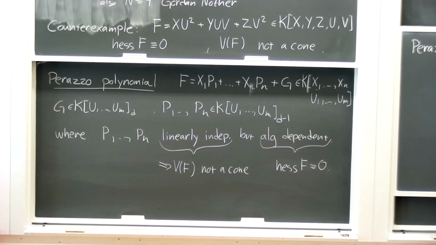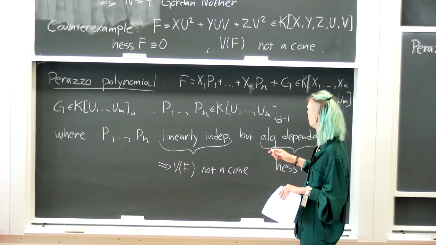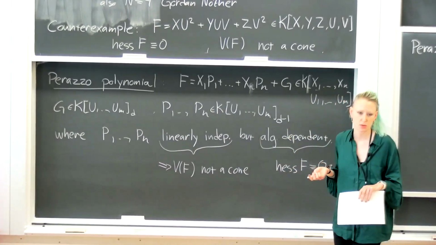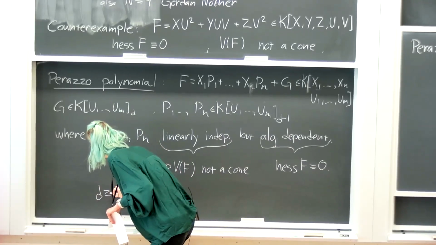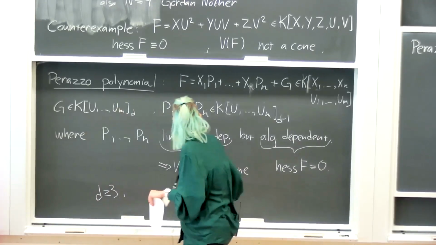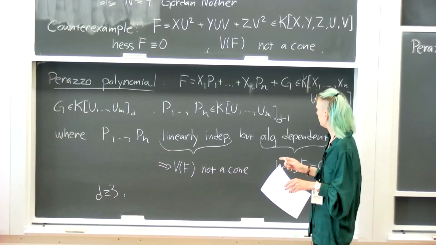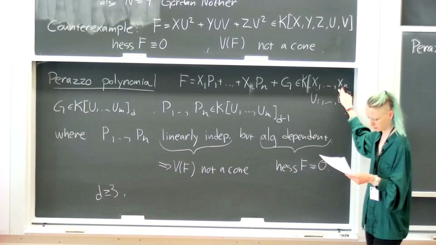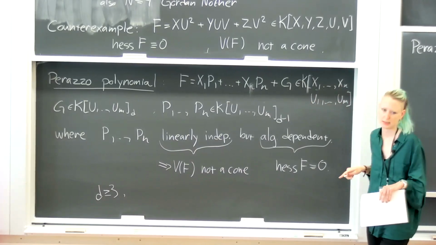Oh, and I should probably also say that we want to avoid some trivialities here. So I'm going to assume that the degree is at least 3. And I want the number of x variables to be at least 3, and the number of u variables should be at least 2.